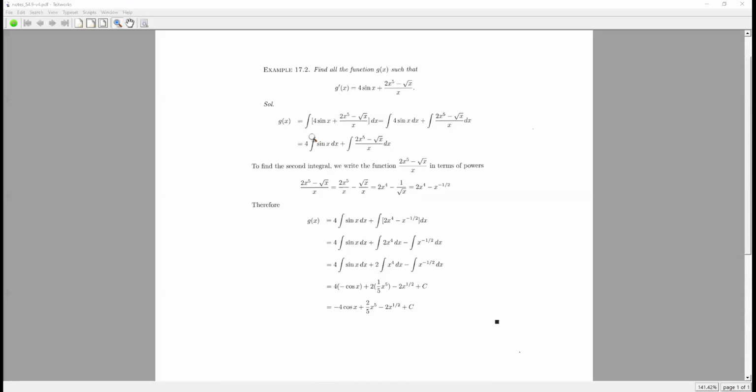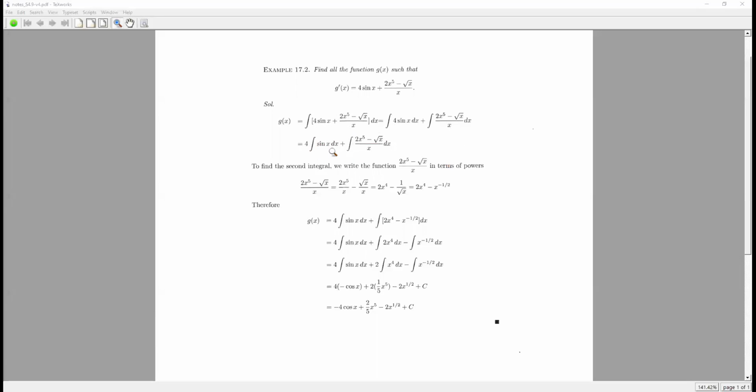Now, by the summation formula, I can split this big integral into a sum of two smaller integrals. Constant 4 times a function, the constant can be moved outside the integral. Then I get this. The first integral here is easy to tell.